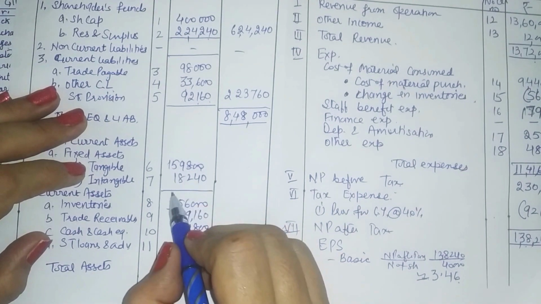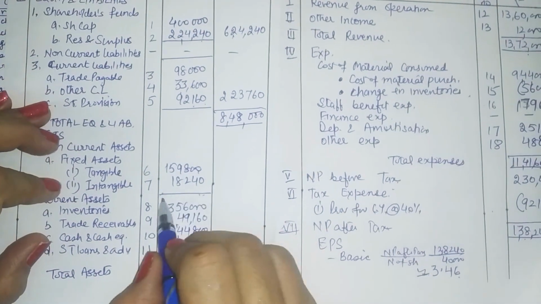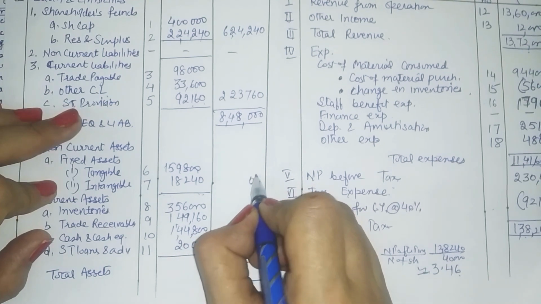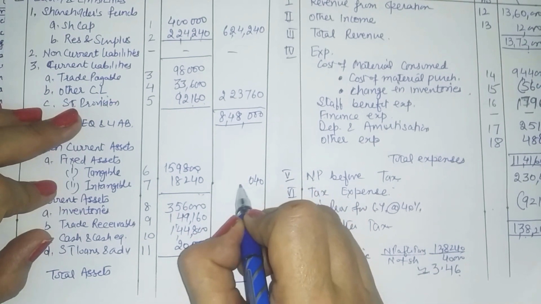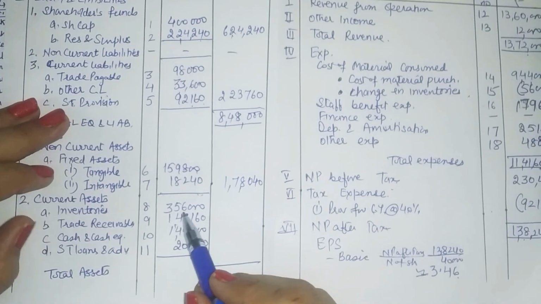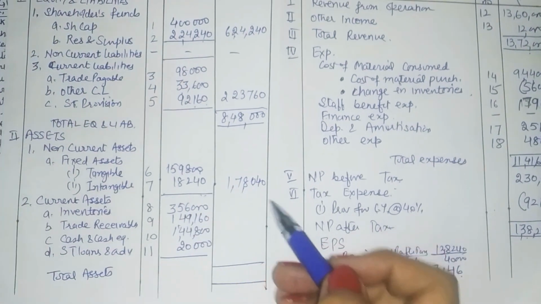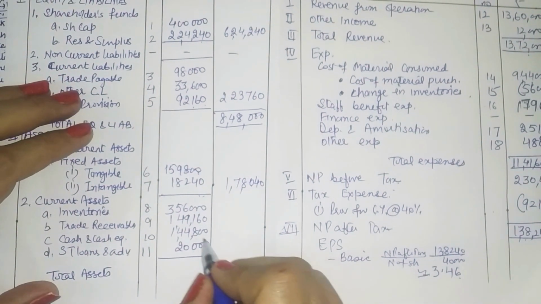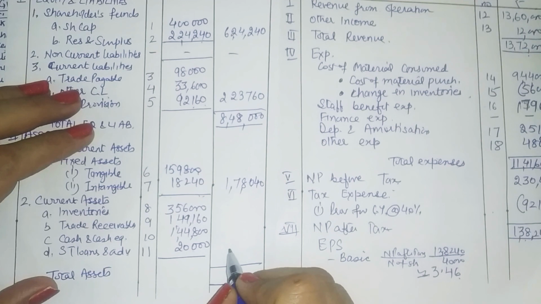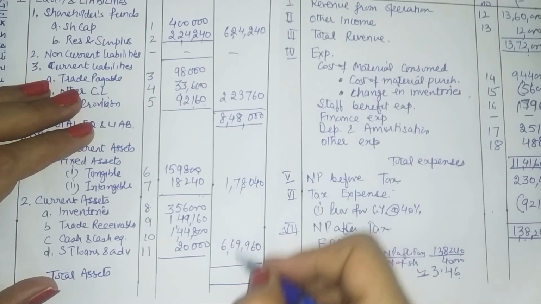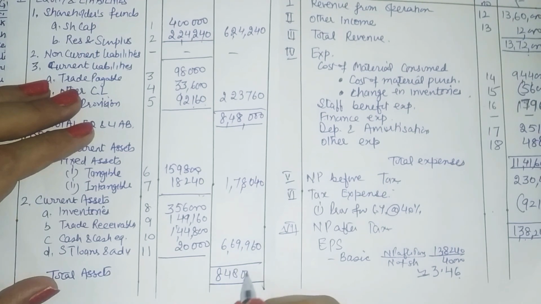Now the total of this first subcategory on the current asset side. Then you total up the next category. So it is 6,69,960. When you total up this, 8,48,000.